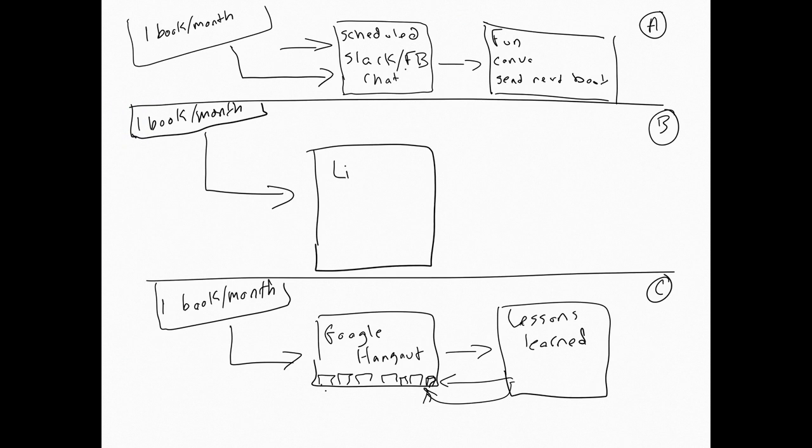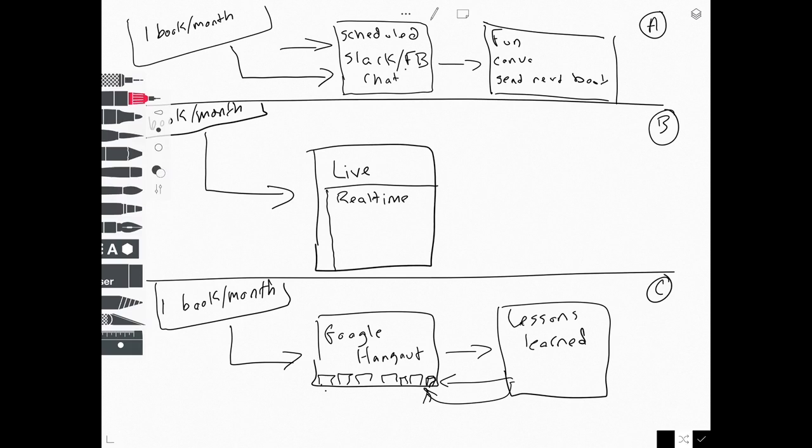I just go live. But here's the thing: you can interact with me in real time. So I'm live on video, with real time chat. It's like Twitch, or game streaming. So I'm live and I'm doing my own summary of the book.